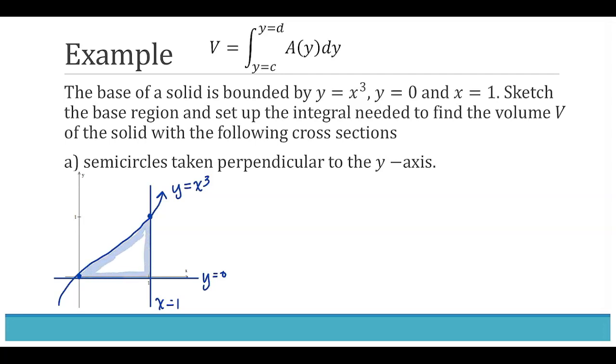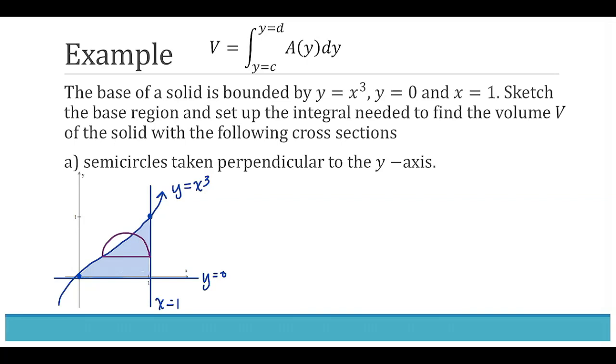And I'm told that my cross-sections are semicircles that are perpendicular to the y-axis. So I'm going to go ahead and sketch one of these cross-sections. So perpendicular to the y-axis is going to make my shape look something like this. This is my semicircle that is sort of popping out of the base to create a three-dimensional solid.